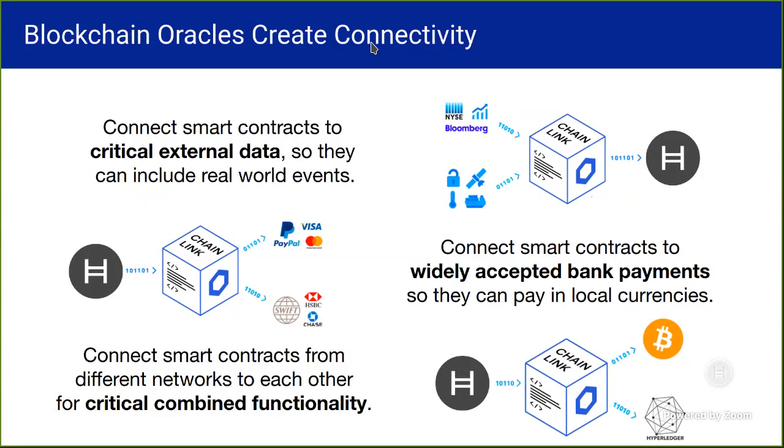Chainlink uses external adapters to enable connectivity to any resource, be it an API, another chain, an API that requires authentication, like a payments API, basically anything that you want to connect to. If the Chainlink node itself cannot connect to it because it's not an open API, then you can use an external adapter to enable that connectivity.